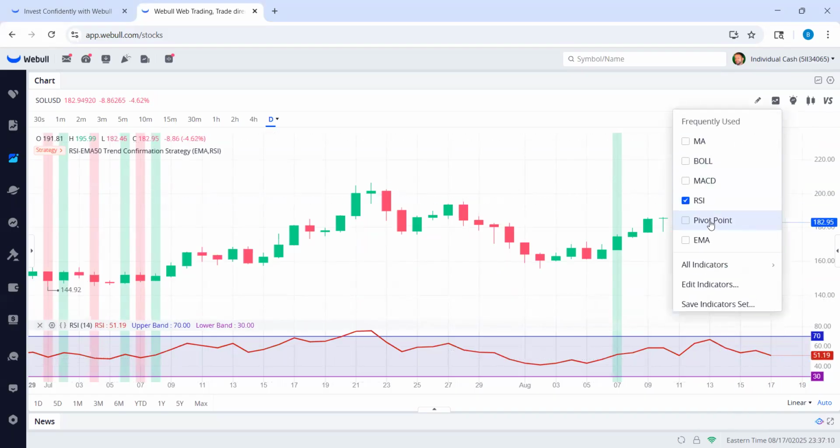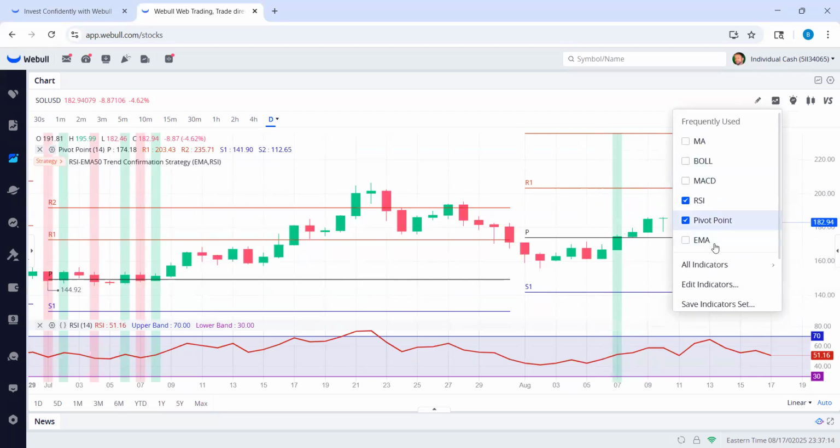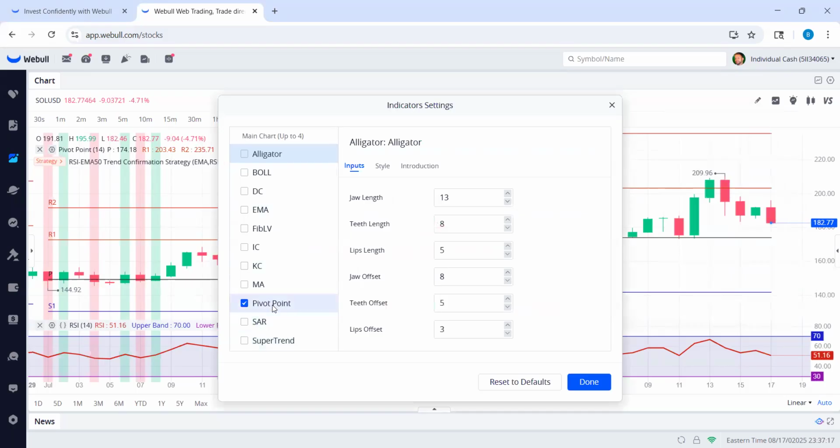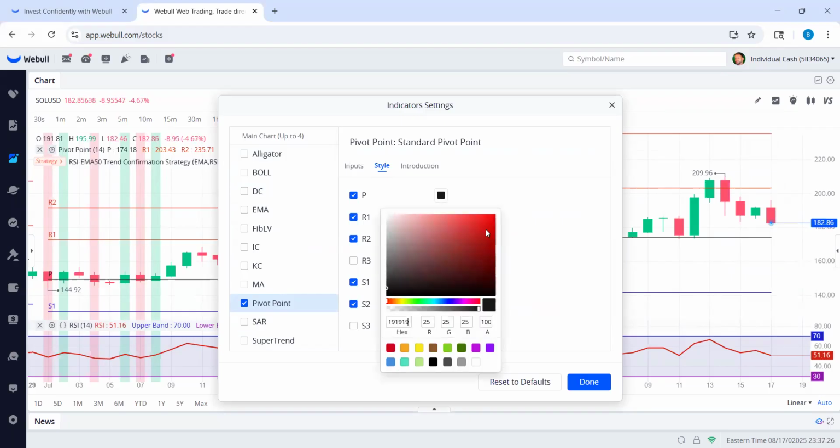We are going to use the pivot points. So you can see my settings of what I use on my pivot points. Length 14, style. There's the pivot points. It's what I've got them all as. And I like to do the thicker lines.